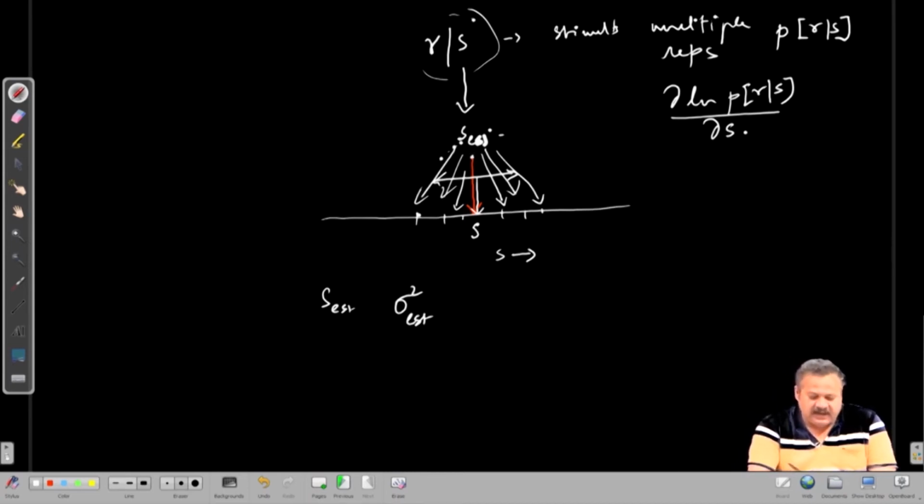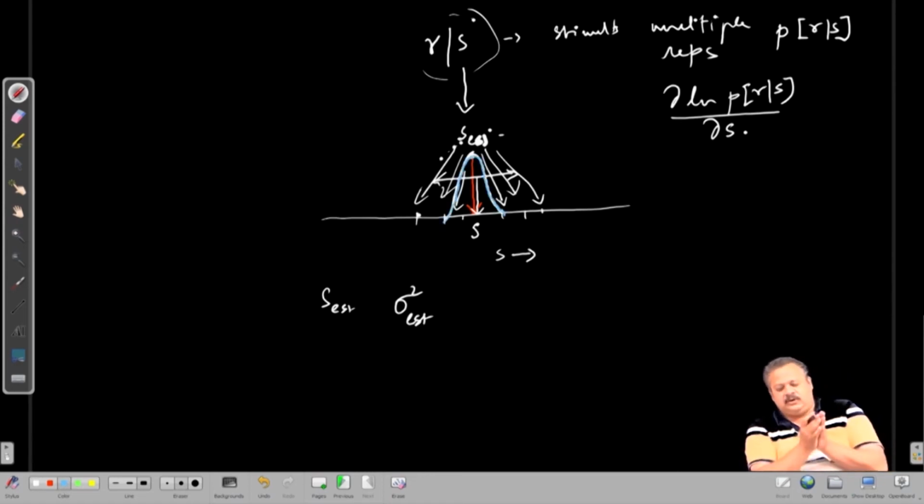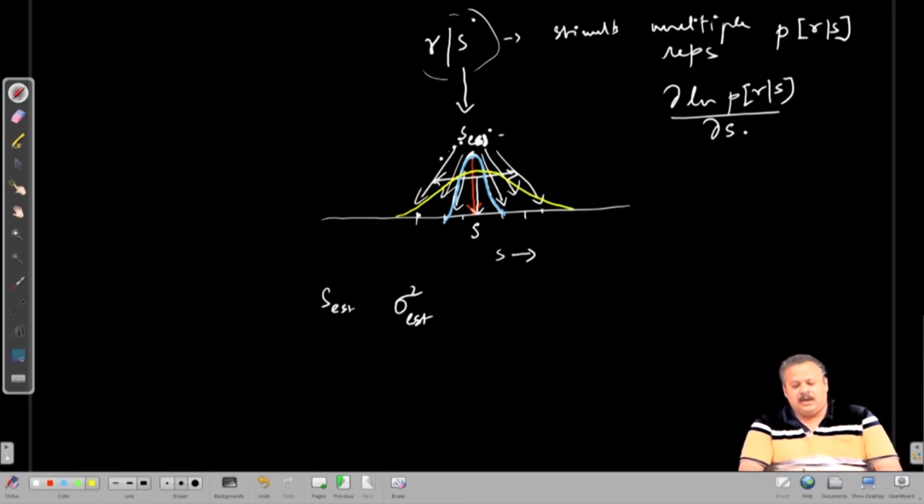Based on the data, we can have an estimator that has a distribution of the estimates for multiple different experiments that is narrow, very close to the true value of S. We can also have an estimator whose variance is high, with a large spread of the estimates around the true value S, which means that the one that is narrow is the better estimator, that is, the variance is low.